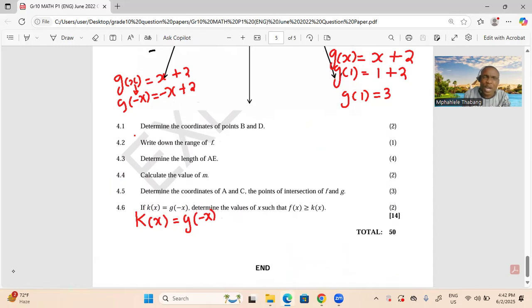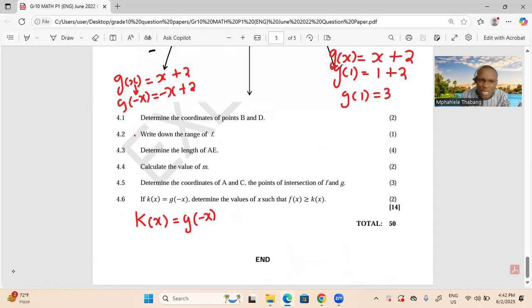So let us look at this negative x plus 2 on the graph. I think I will need an idea of it on the graph. Why? Because the question says determine the values of x such that f is on top of k. Don't forget that k is equivalent to g of negative x, so k of x is equal to negative x plus 2.